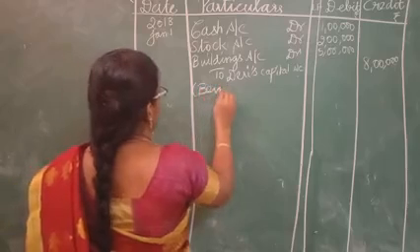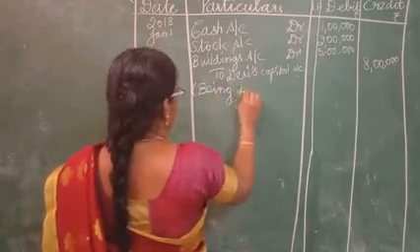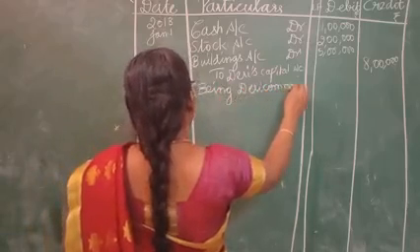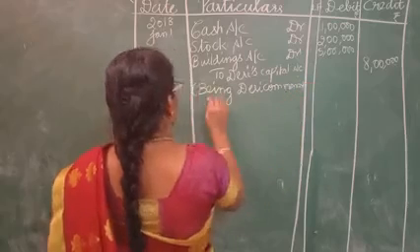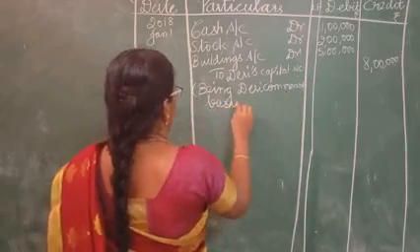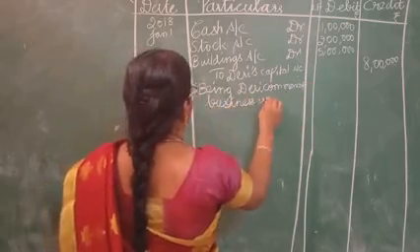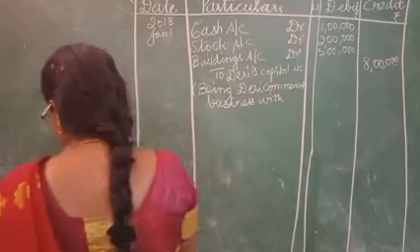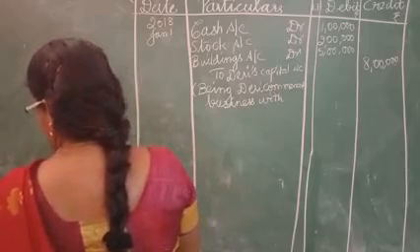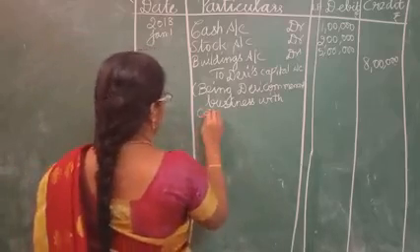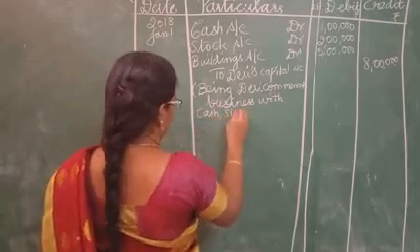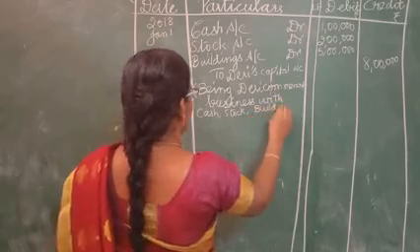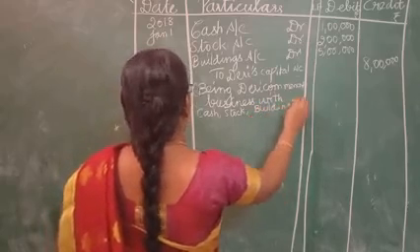Being Delhi commenced business with assets. Delhi commenced business with cash, stock, and buildings. All assets we can also say.